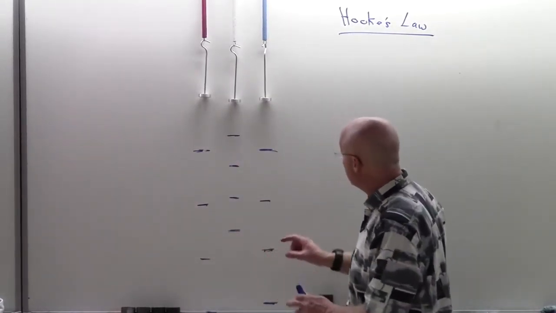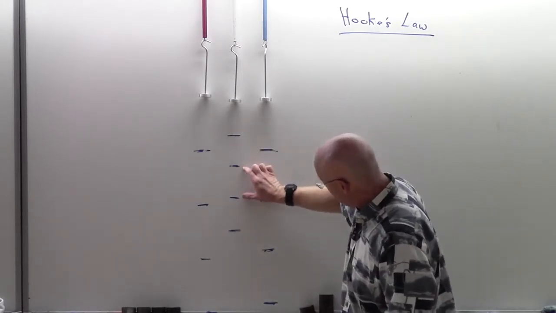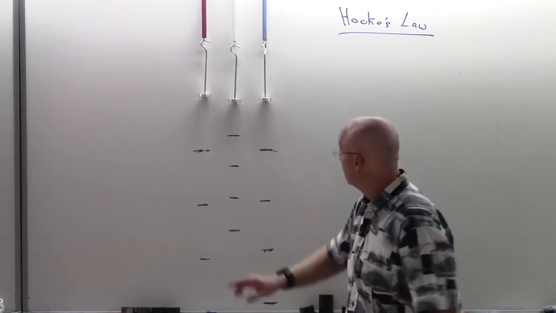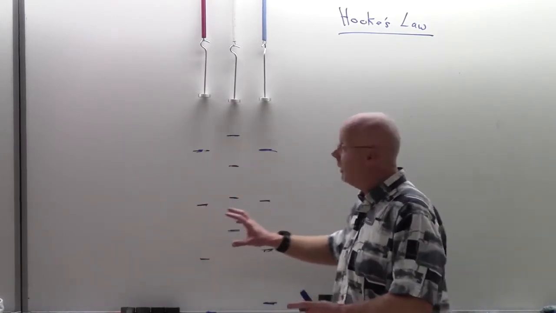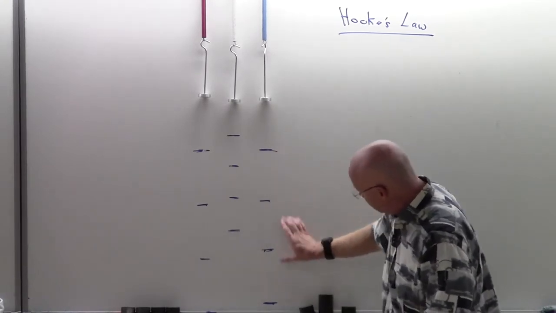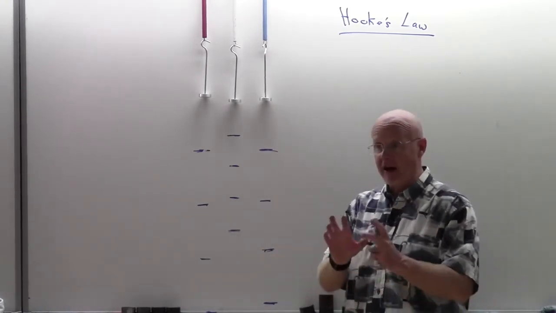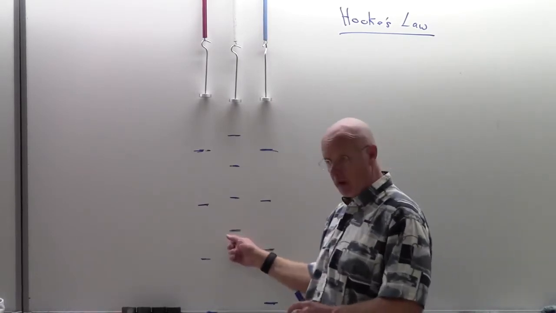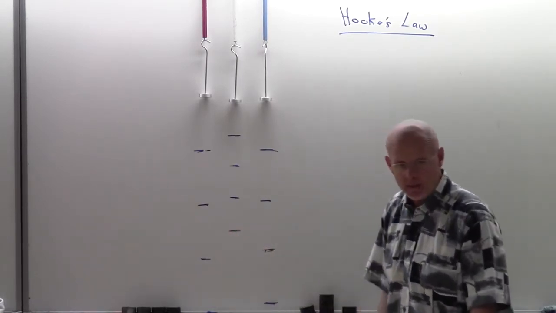Now, granted, the white one was the same amount for each 500, but it was a different amount than the red one. Same thing with the blue one. The blue one stretched the same amount every time I put a 500 on, but that number was different than the white one, which was different than the red one.